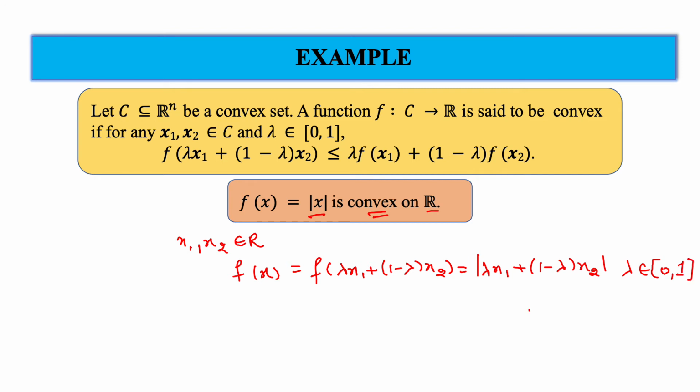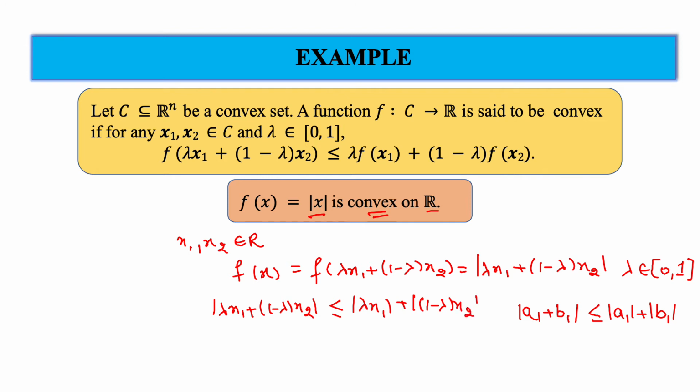So as we know from mathematics, mod of a1 plus b1 is less than or equal to mod a1 plus mod b1. By using a similar property, we see that mod of lambda x1 plus 1 minus lambda x2 is less than or equal to mod of lambda x1 plus mod of 1 minus lambda x2.